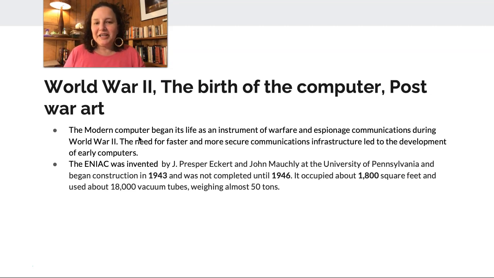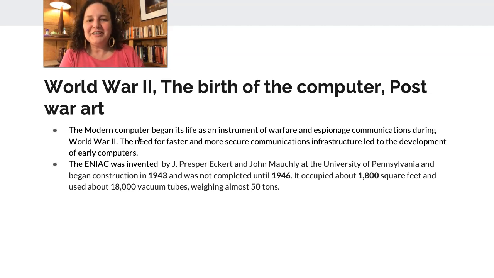So we're going to take a look at World War II, and when we do that, we're going to think about where the computer started. And we're not going all the way back to Charles Babbage. When I think about a computer, it has to do a little bit more than a fixed math problem. It has to be a tiny bit more sophisticated than that.